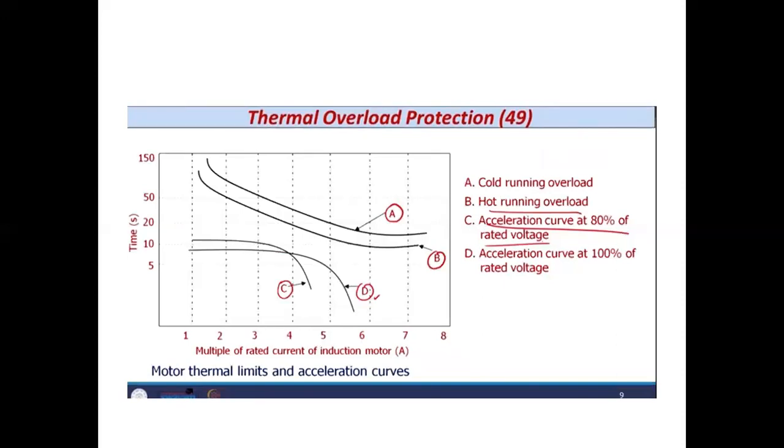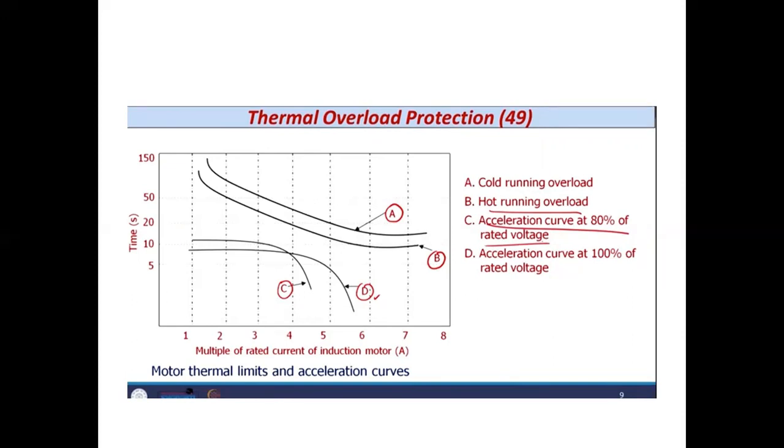If I just look at the curves, you can see that the first curve is the A curve, which is provided when you start the motor during cold condition, and it is running with overload.